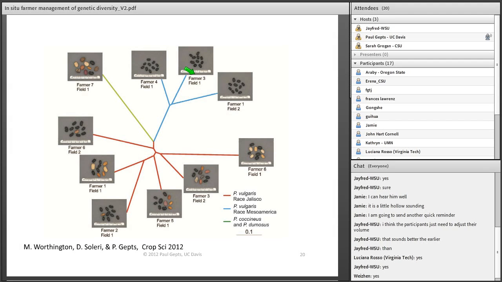So clearly, there has been an effect of domestication on the geographical distribution of genetic diversity, but also, even today, the farmers, through their active management of seeds, whether they are wild, land races or improved types, affect the distribution of genetic diversity.